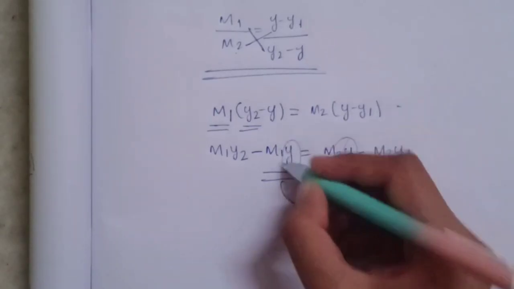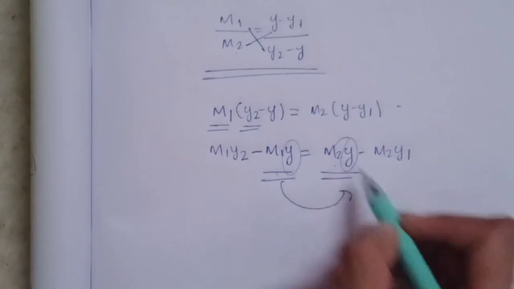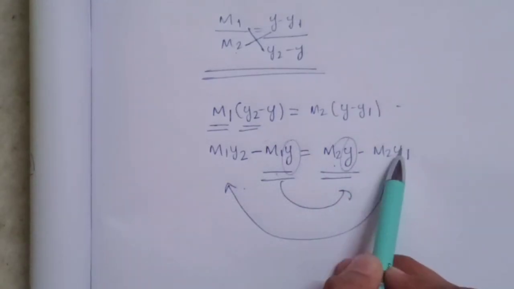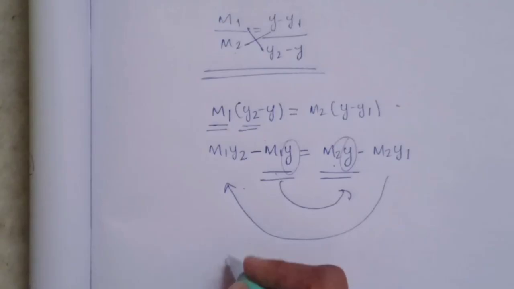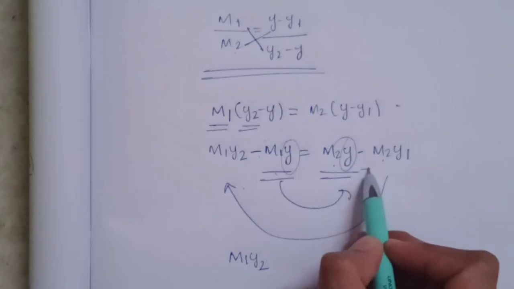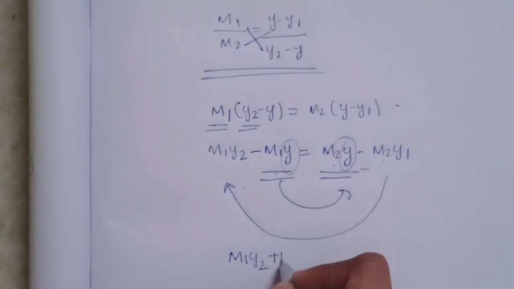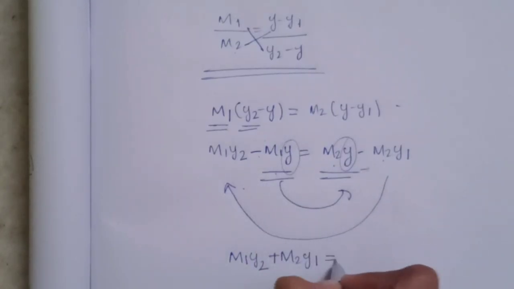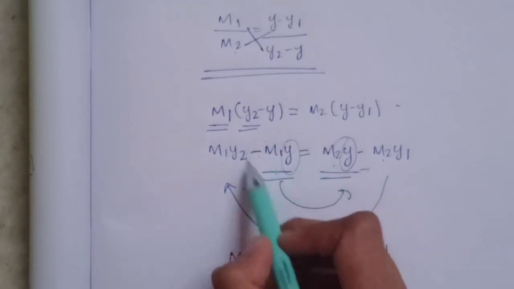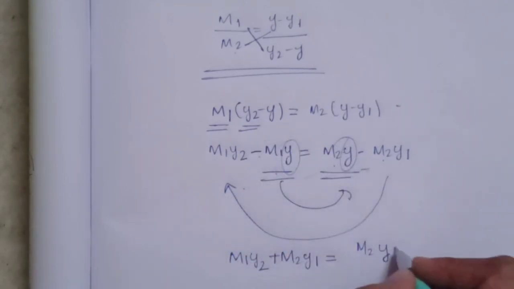So the y, send this term to the opposite side and send this term to the other side. Minus becomes plus. So now m1 y2, this term we send that side, so it is in minus, it becomes plus. So plus m2 y1 is equal to, here m2 y, we have sent this term to the opposite side, so it becomes plus m1 y.